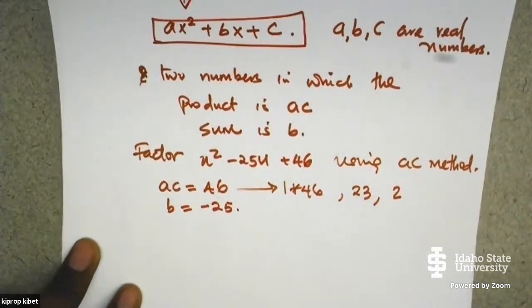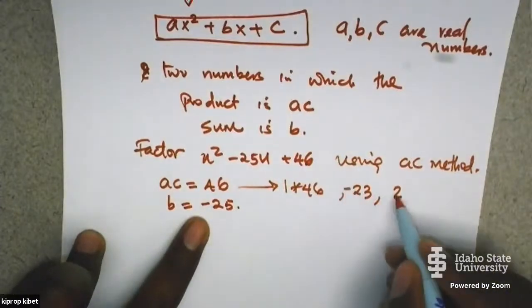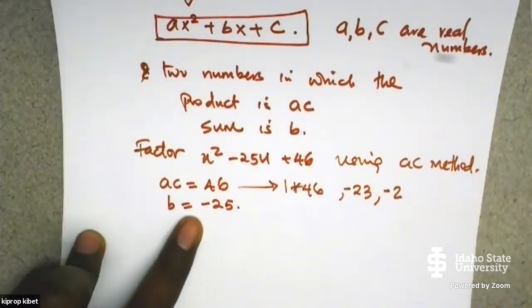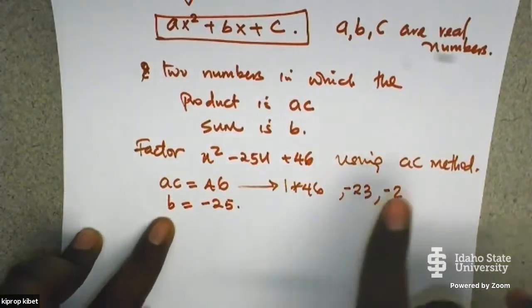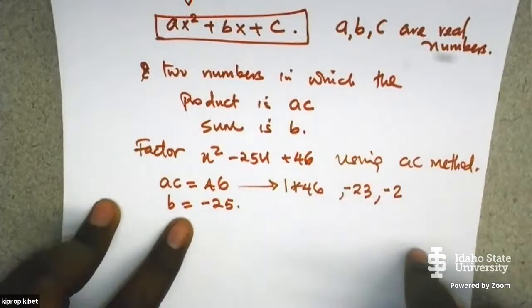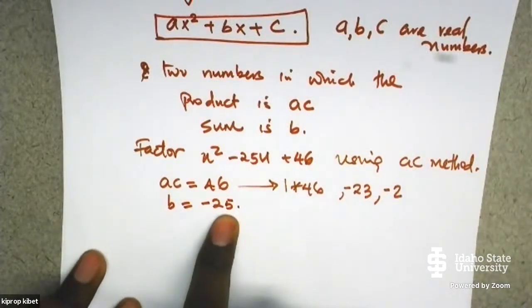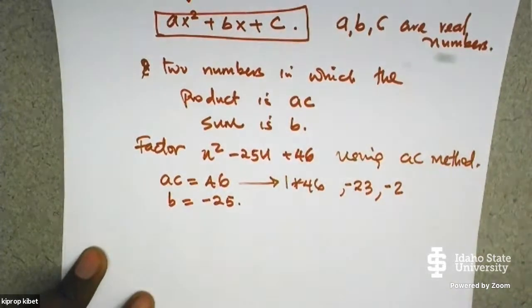Of course, 23 plus 2 is 25, but in this case it is negative. So that means both of them should be negative. So negative 23 plus negative 2 is negative 25.